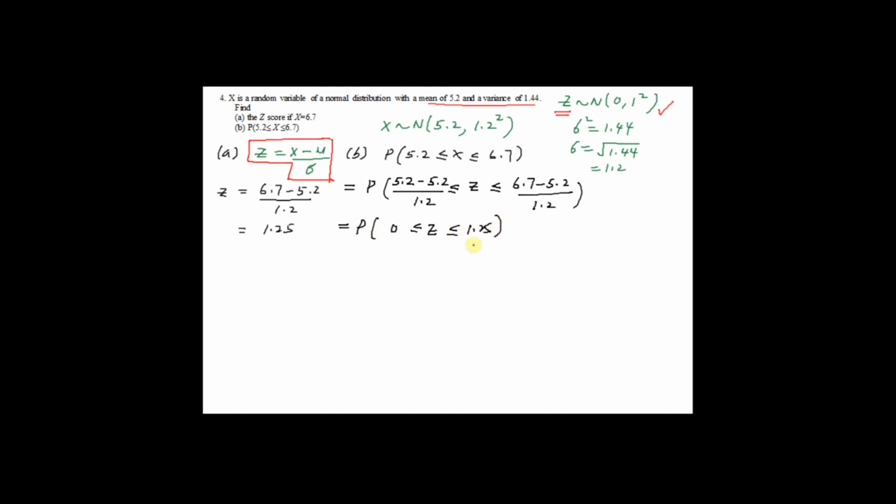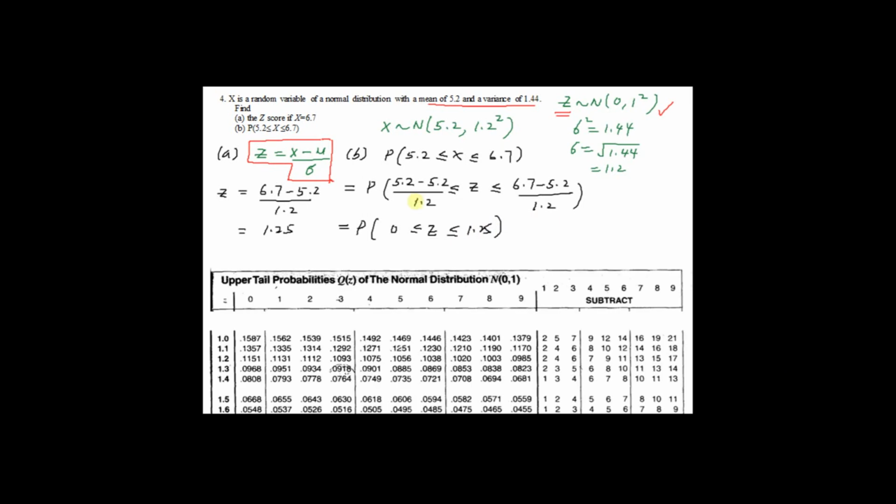Now we have to bring up the table for the standard normal distribution. So we have to find the region that is the probability between 0 and 1.25. So remember the table given is the upper tail probability. We can find the probability here, that is the probability z more than 1.25.